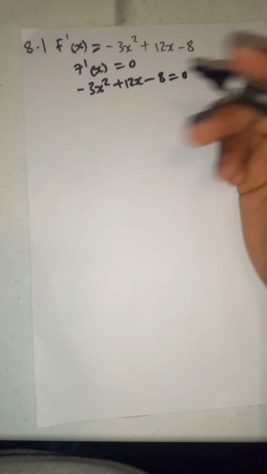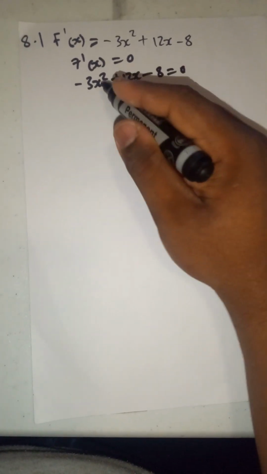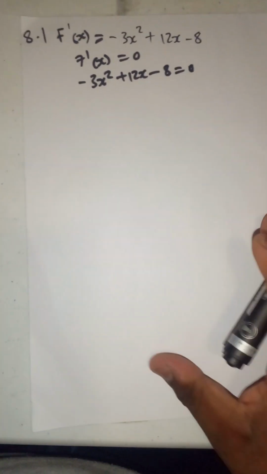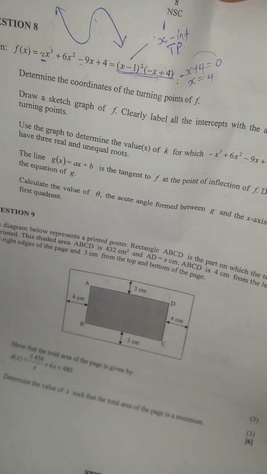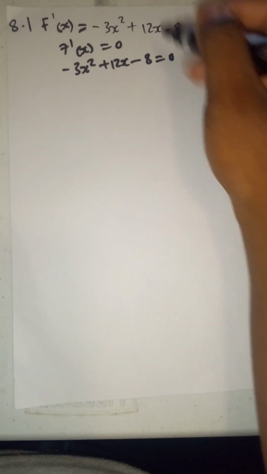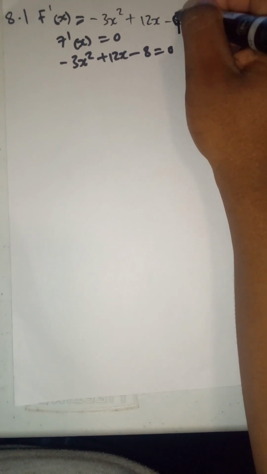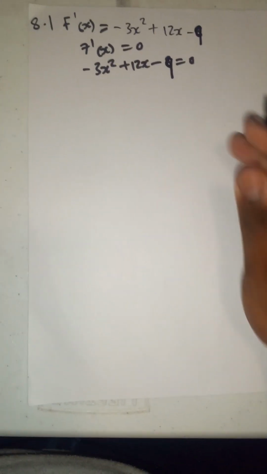You can now factorize. So let me start by getting rid of this negative and divide everything by negative 3. Oh, it is 9 here, I made a mistake. It is 9 here.